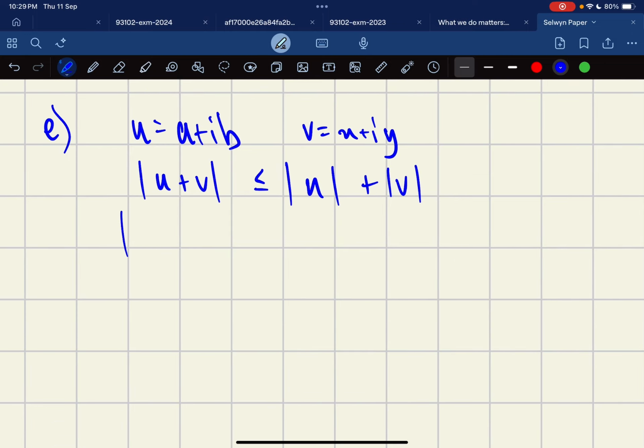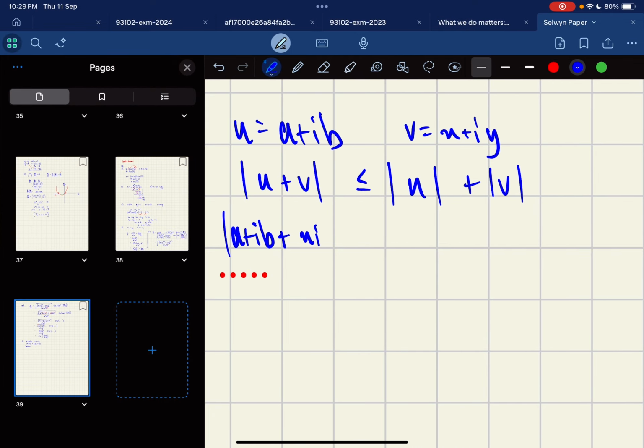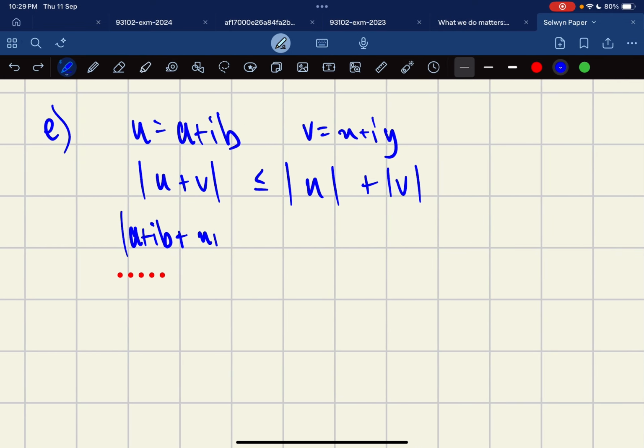So the first part, the modulus of a plus ib plus x plus iy, is less than or equal to the modulus of a plus ib plus the modulus of x plus iy.